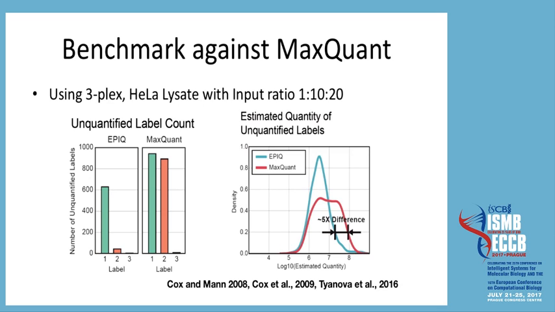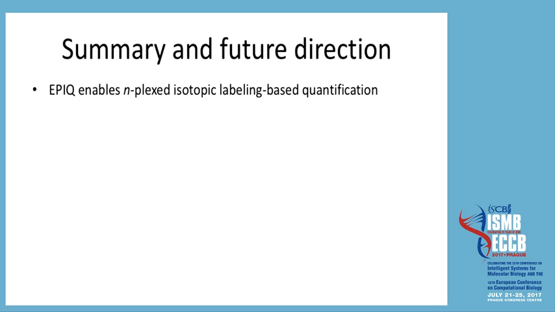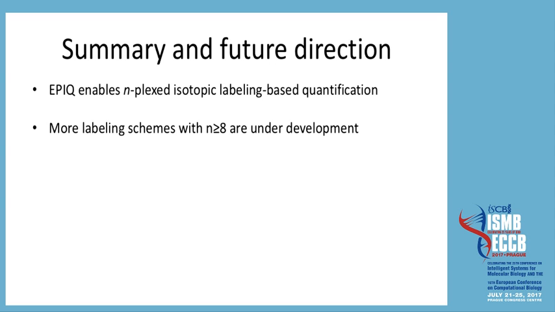And this shows the distributions of the estimated unquantified label quantities. The lower, the better. It is shown that the difference is almost 5 times, demonstrating EPIQ has about 5 times lower LLOQ than MaxQuant.